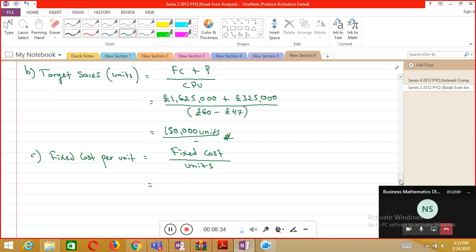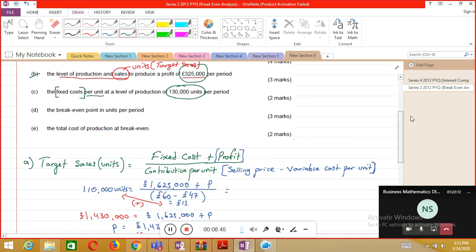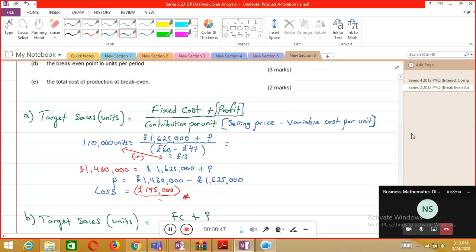So the fixed cost here is 1.625 million over the units, which is 130,000.